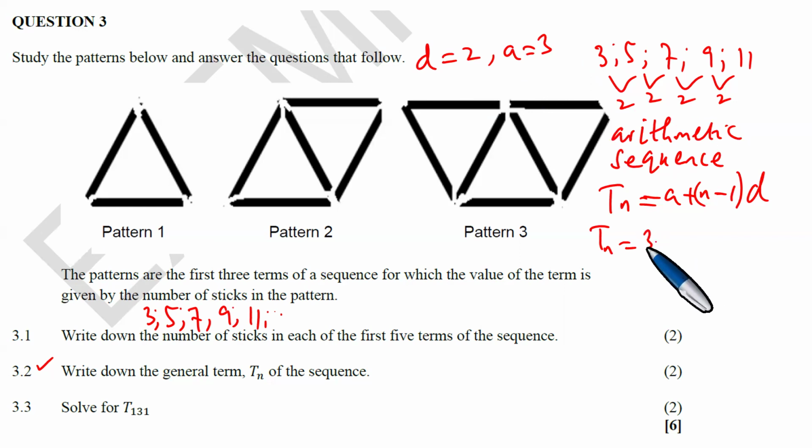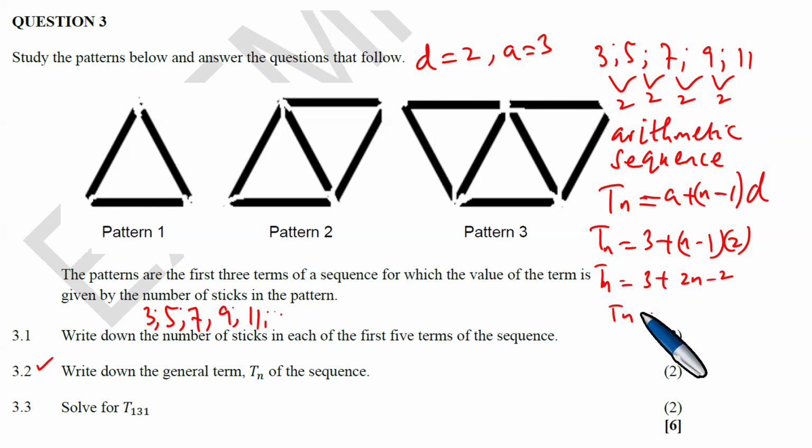So we have the first term 3, plus n minus 1 times the common difference 2. So 3 plus 2n minus 2. What is 3 minus 2? So yeah, the answer is this. The general term of the sequence is therefore 2n plus 1.